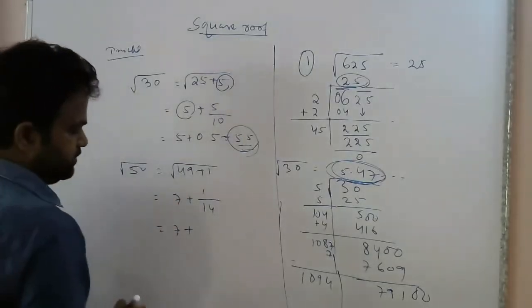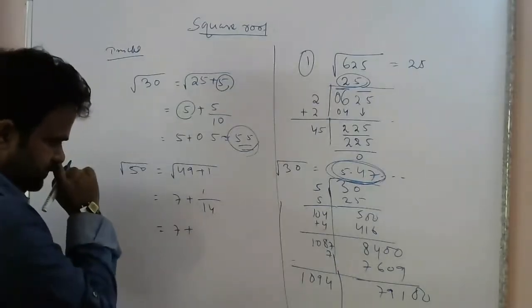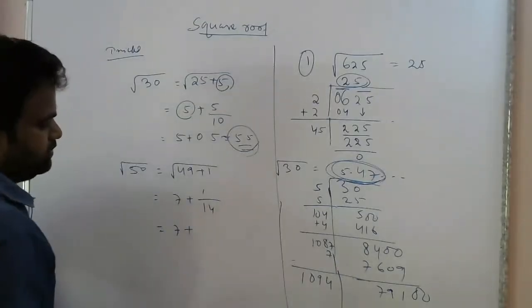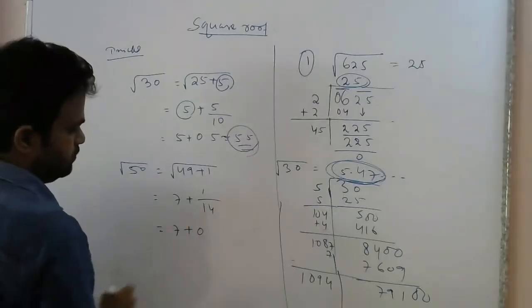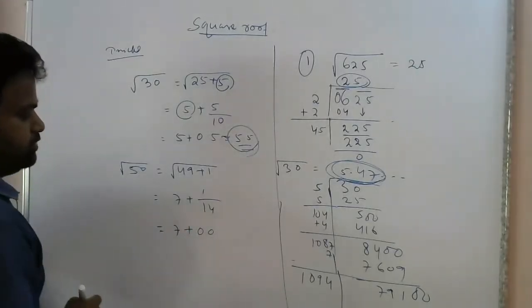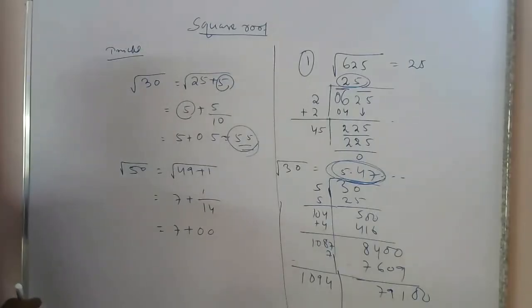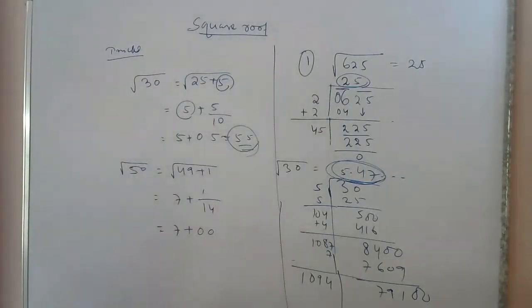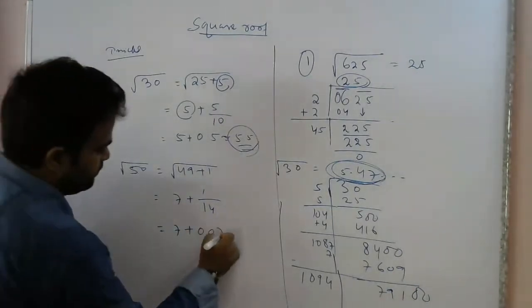You can write this as 14, 10, 100. So 0 point approximately 0.07.